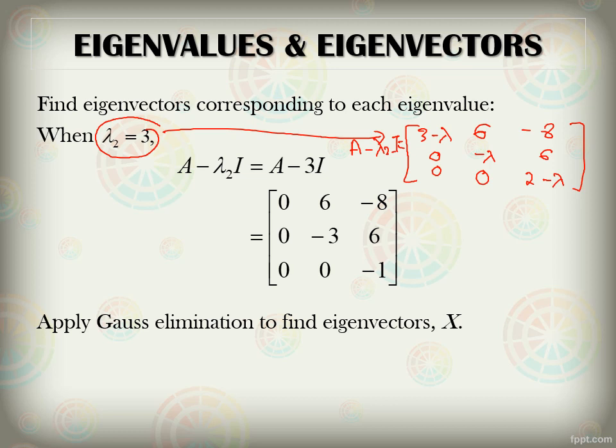So 6 minus lambda is 6 minus 3, and 2 minus 3 gives minus 1. Then we write this into the augmented form.